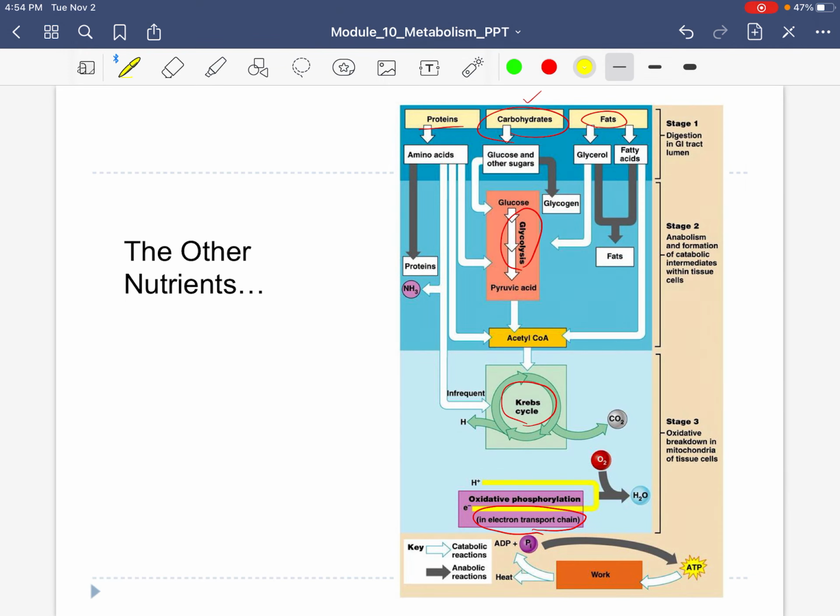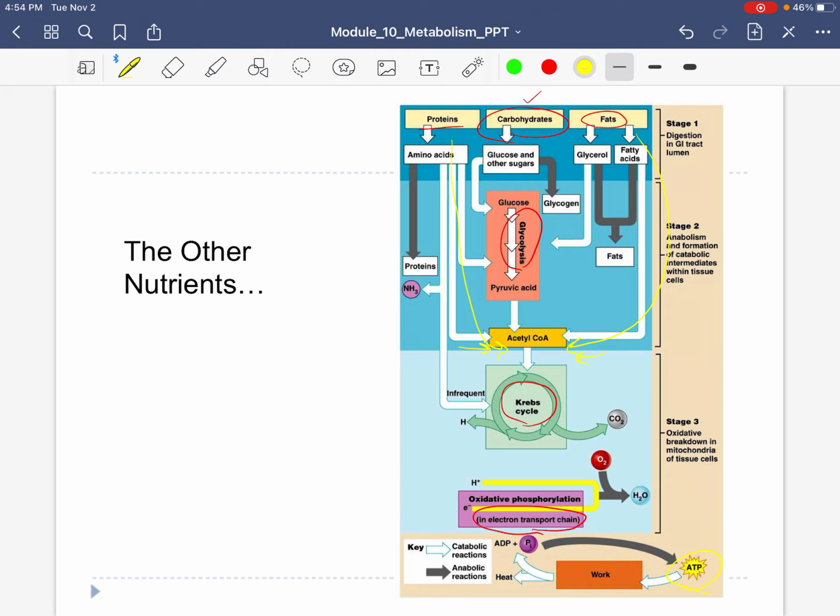Well, you can already see from this picture, can't you? What we're going to find out is fats and proteins join the party a little bit later. I am simplifying it, but basically, when we metabolize fats for energy, or the small amount of protein that we metabolize for energy, they're going to enter usually after glycolysis.